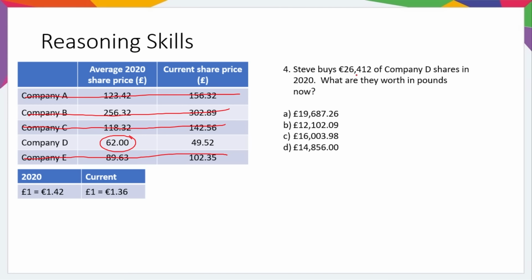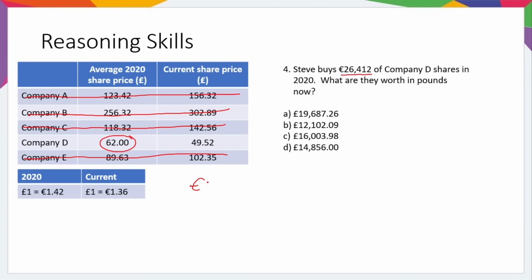So he has 26,412 euros worth of shares, and they are £62 per share. Well, £62 and euros, there's a bit of a problem. So first of all, we're going to need to convert that into pounds or the share price into euros. I'm going to convert the value of his shares into pounds.